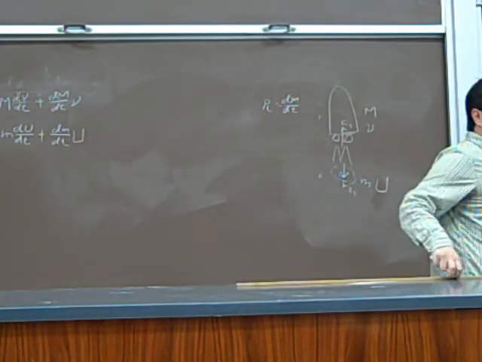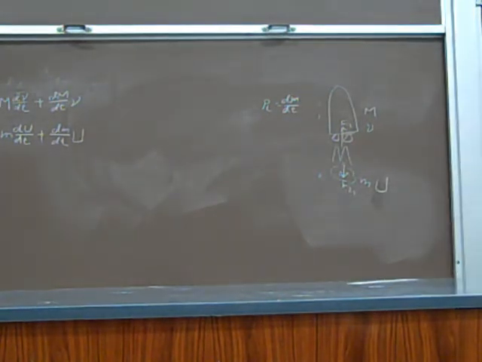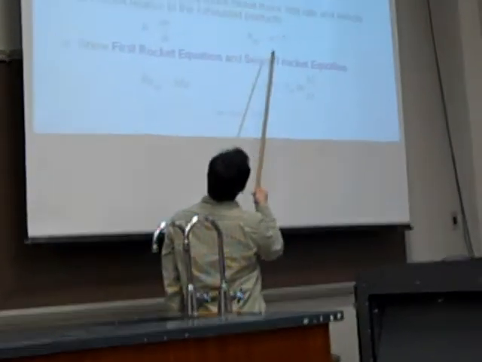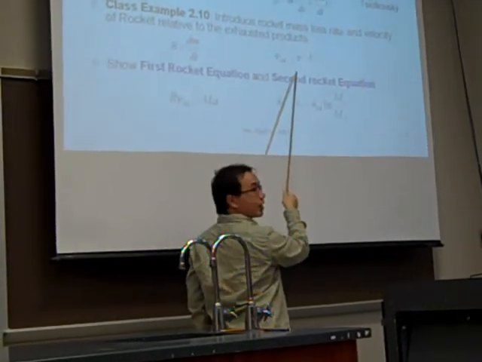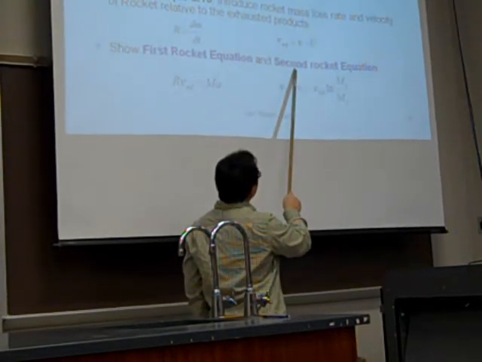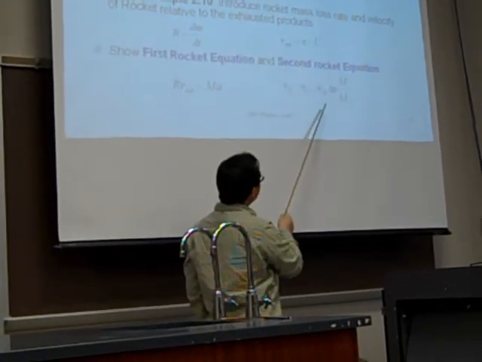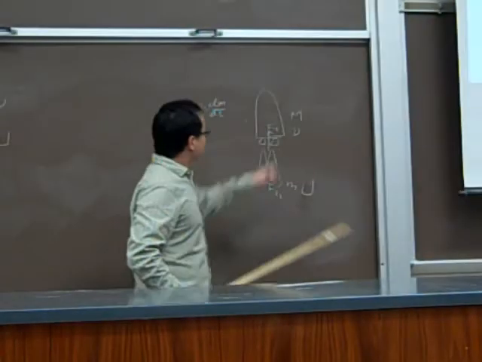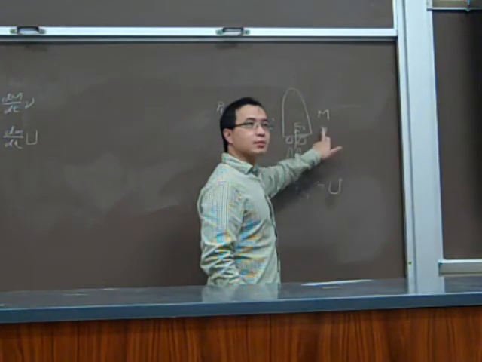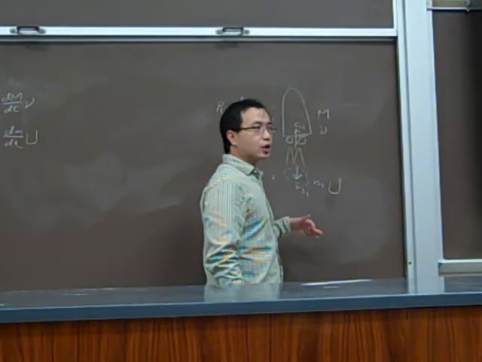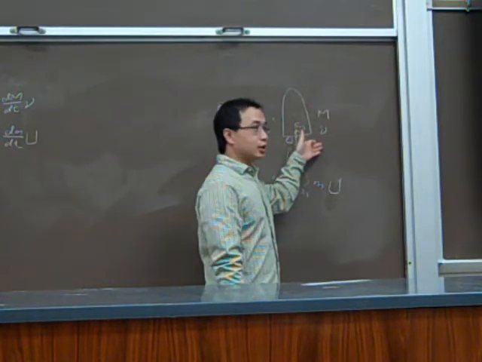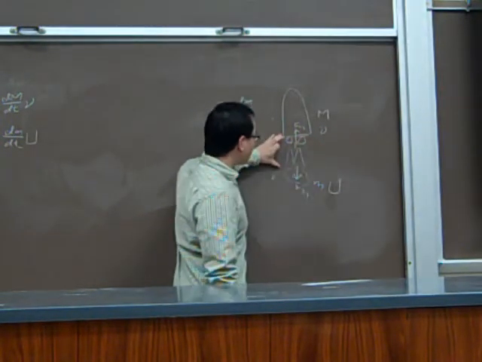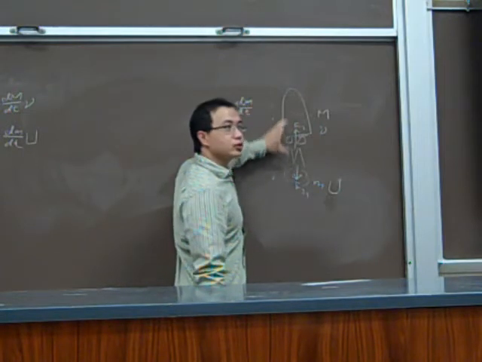Another important parameter is the relative velocity of the rocket measured from the exhausted product. Both v and u are velocities relative to the ground, or sometimes we say absolute velocity. But another important thing is the relative velocity between the two.